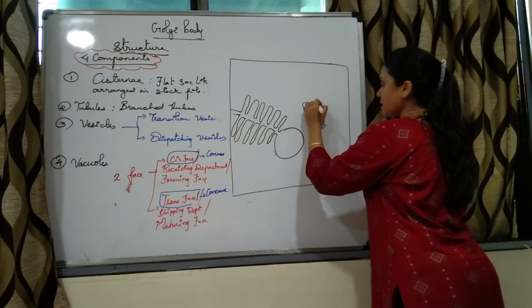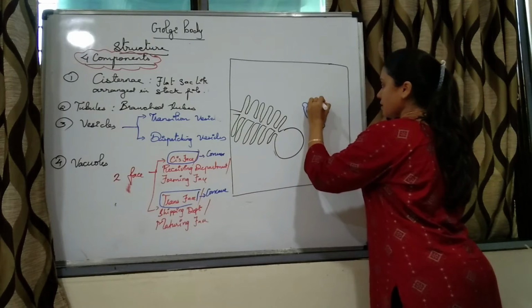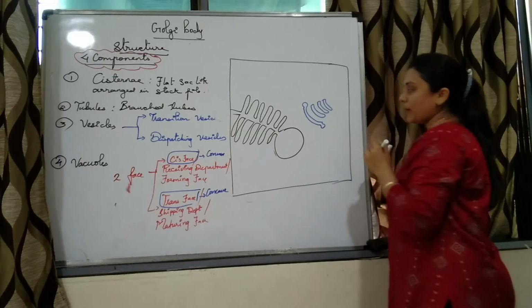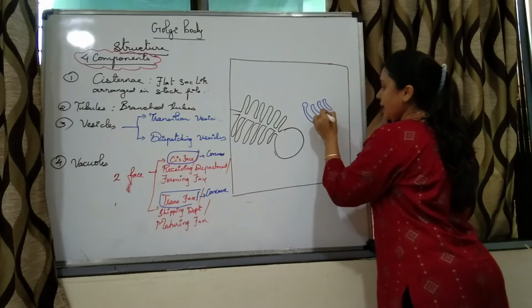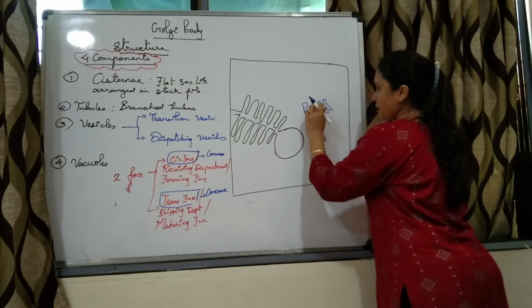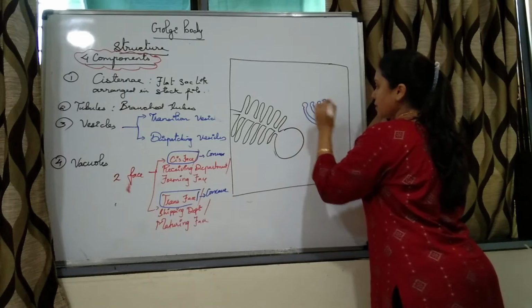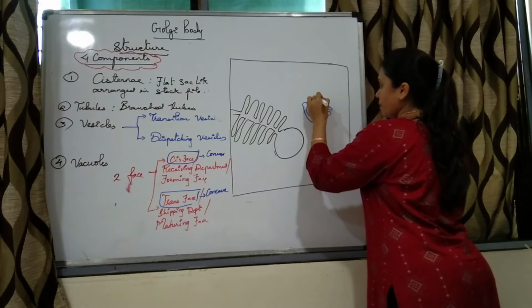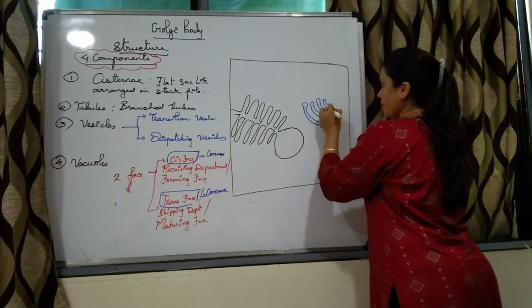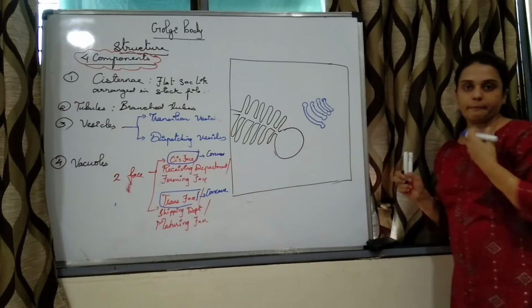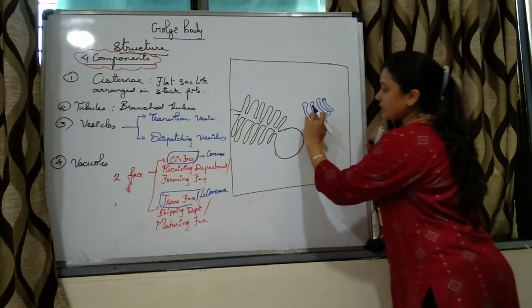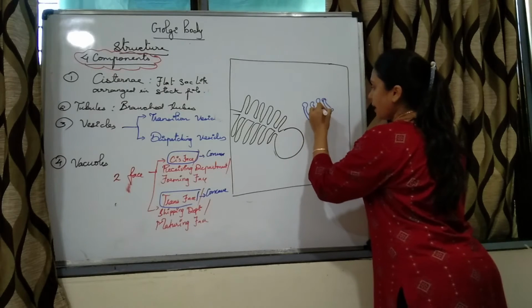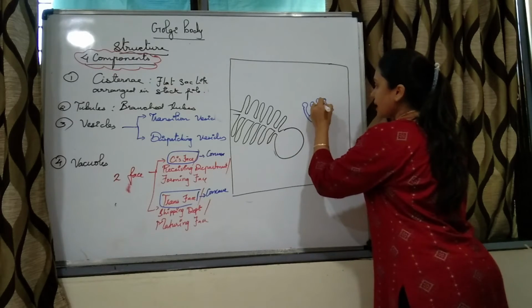This is the third cisterna. This is the fourth one and so on. And its ends are swollen. Right? These cisternas are connected with each other by the branching.